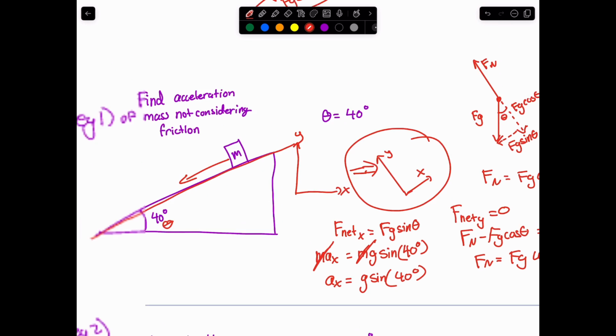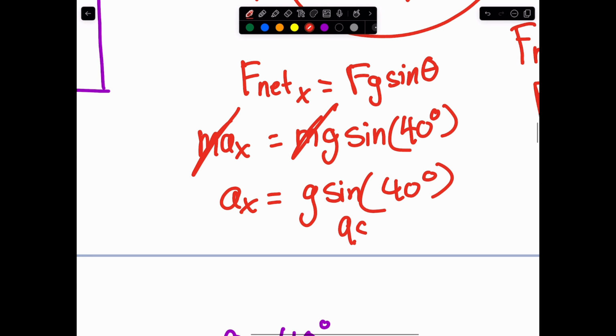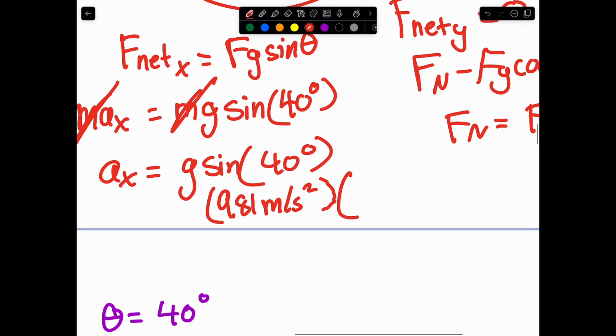And if you look at our original problem, we're asked to find the acceleration of the mass. So we know g, we know sine of 40, and we could take out our calculator and do 9.81 meters per second squared times sine of 40.